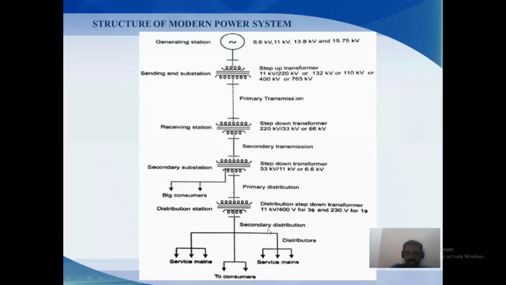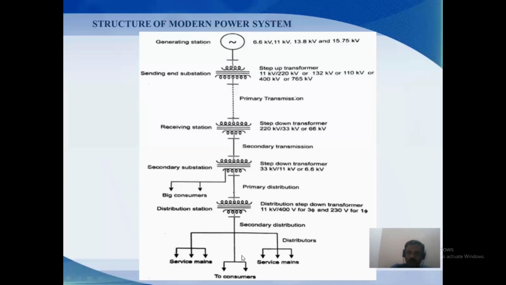The secondary distribution also consists of distributors, service mains and feeders. Then what is meant by feeders? A feeder is a conductor which connects the distribution substation and the distributor points.